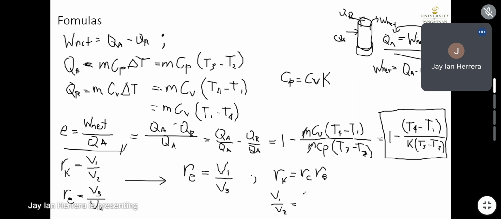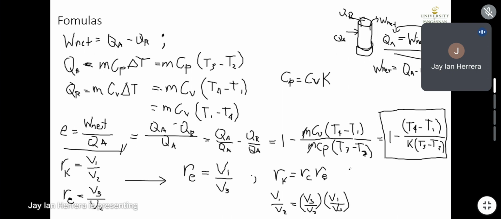Then RC is V3 all over V2, multiplied by our RE, that is V1 all over V3. So technically, V3 just cancels here, and what remains is V1 all over V2. So that's it.